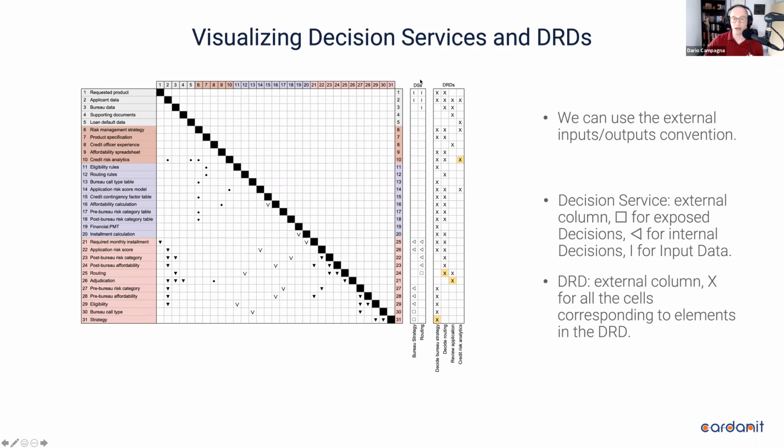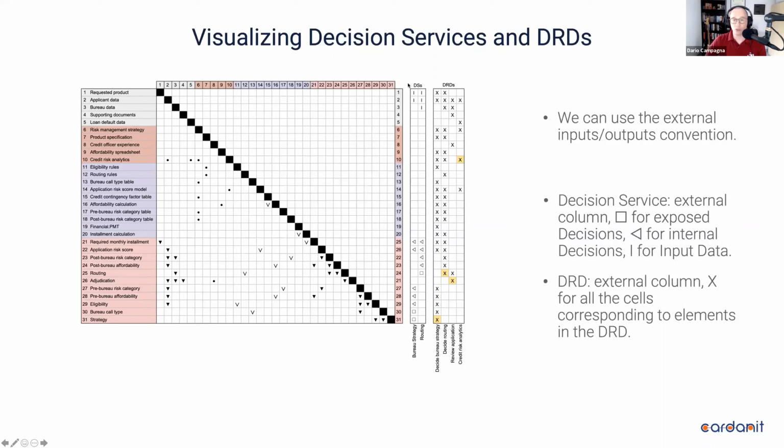So in this case, we have 2 external columns for the 2 decision services defined in Origination, and we have 4 columns for the 4 separate and overlapping DRDs. So we are assuming that we don't have the first big DRD in this case.